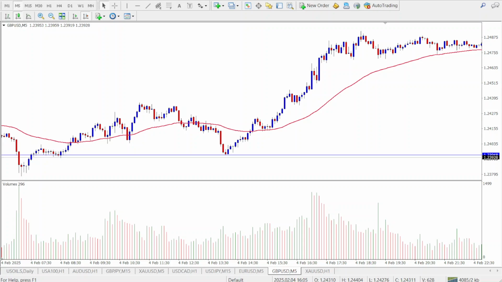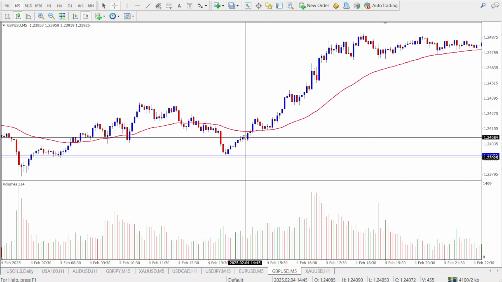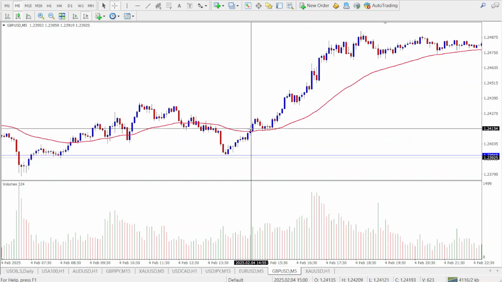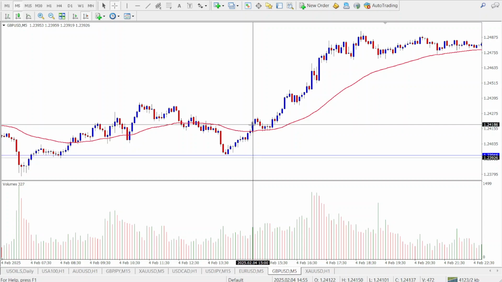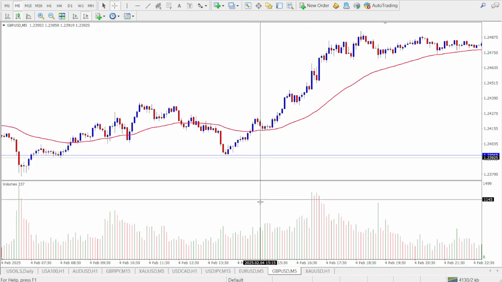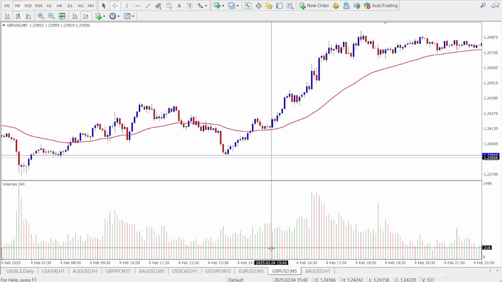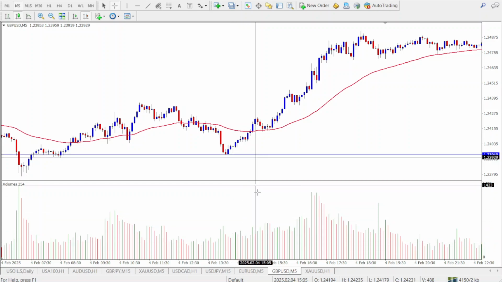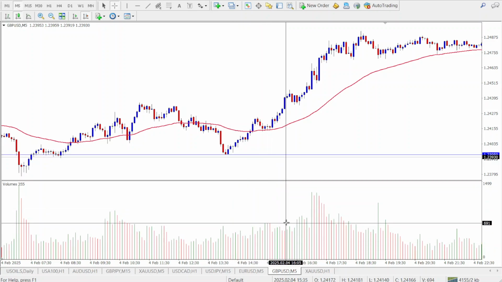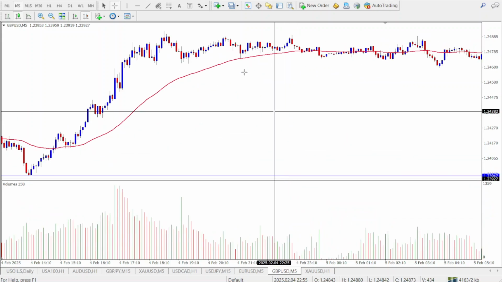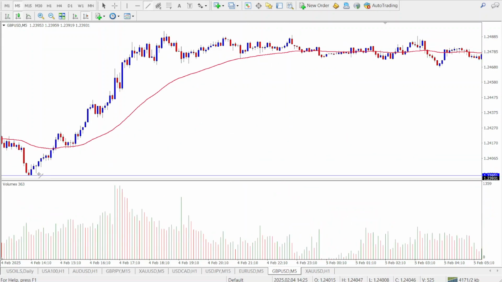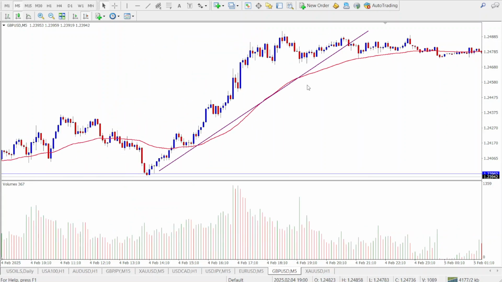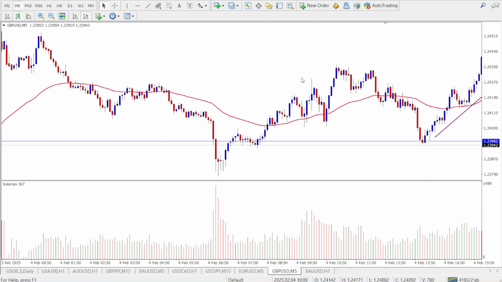Okay, for example, we can see that here the price crossed above the 50 EMA, but notice the volume. You can see that gradually the volume increased, and you can see how that move continued all the way up to this point until it got to this resistance zone.